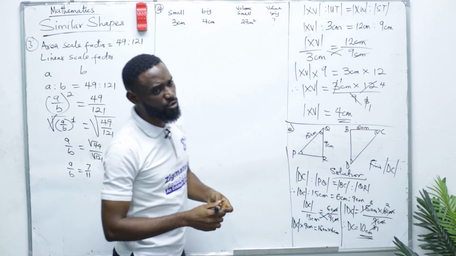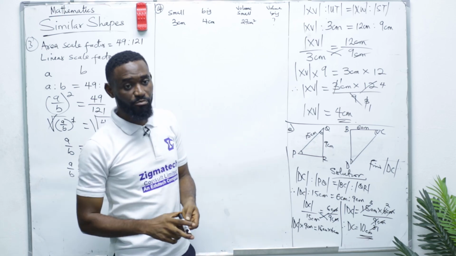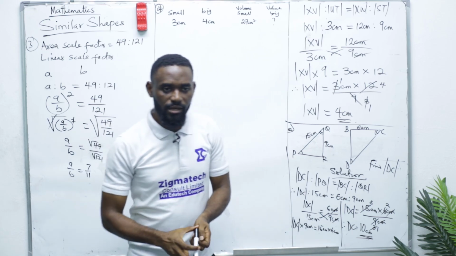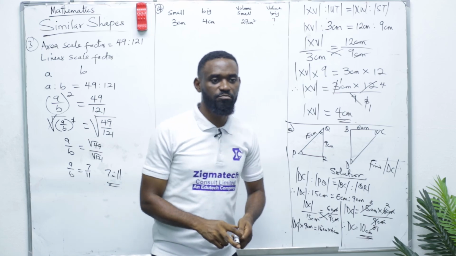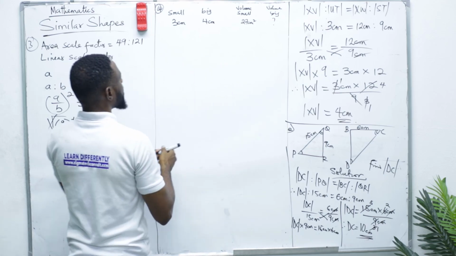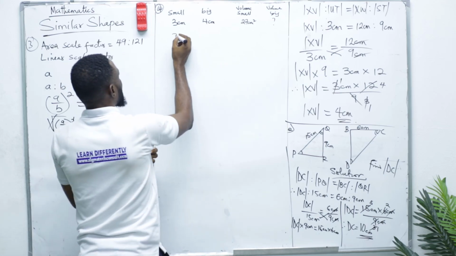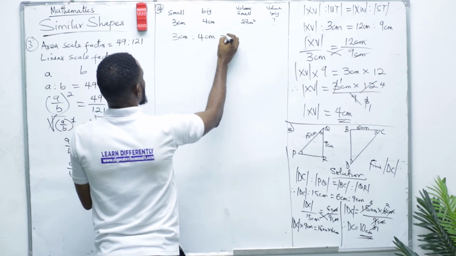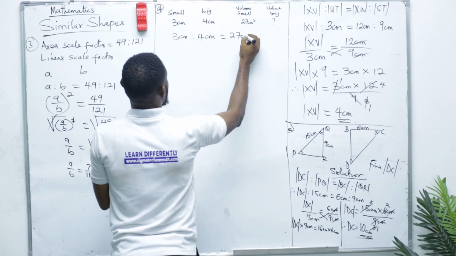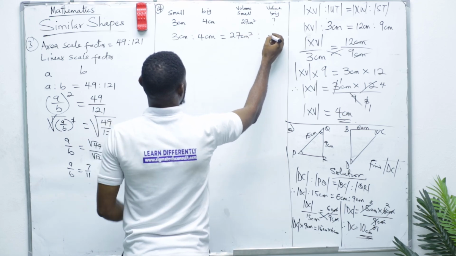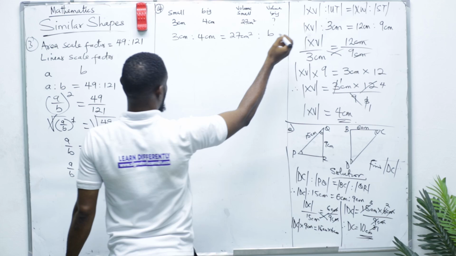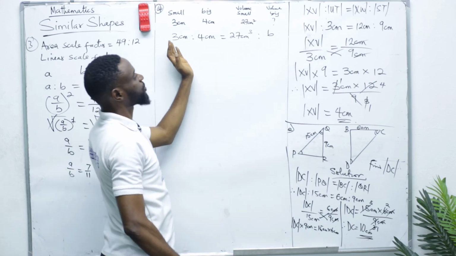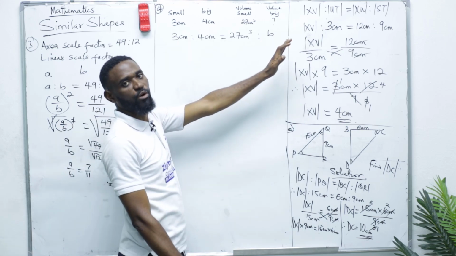Let's just call it X or B, the bigger one. They say find the volume of the bigger one. So what this means is that 3 cm is to 4 cm is equal to 27 cm cube is to B, that's the bigger one.